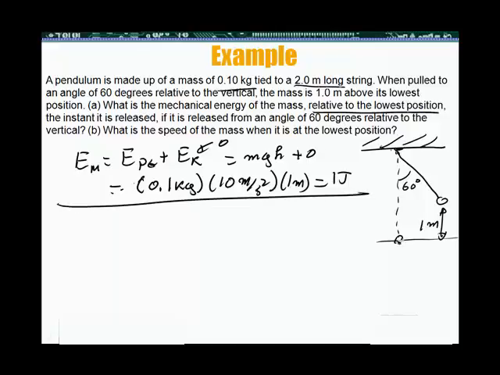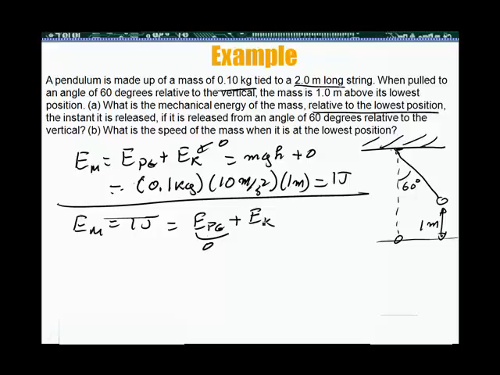Now at the lowest position, my mechanical energy is still going to be equal to 1 joule. But my mechanical energy in this case is going to be, let me write it down as an expression first, EPG plus EK. EPG is going to be 0 here, because we are measuring the gravitational potential energy relative to that level.